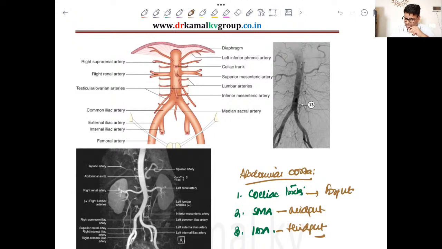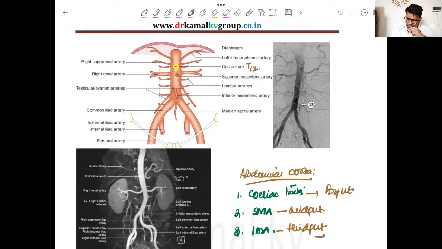So I won't go into too much detail. This is the celiac trunk here, and the celiac trunk has a lot of branches. The celiac trunk is at the level of T12, right?